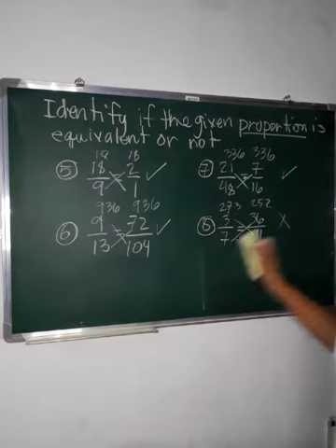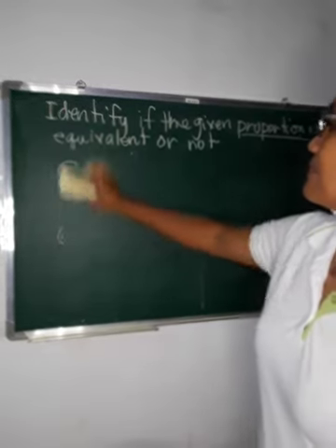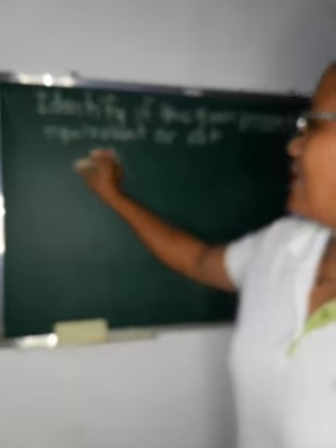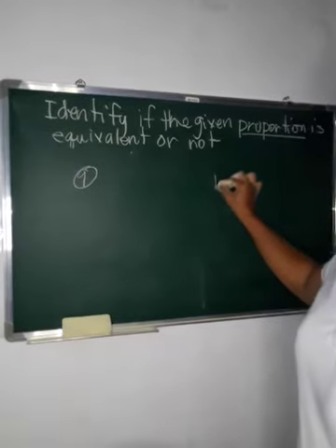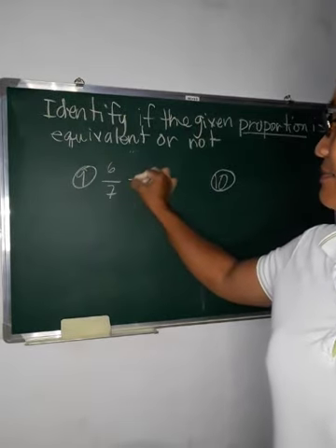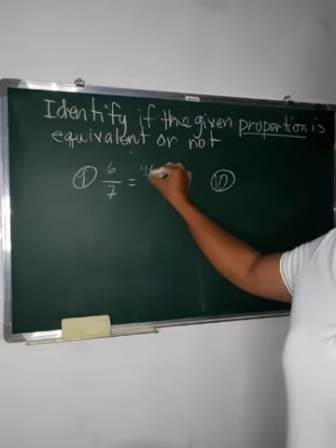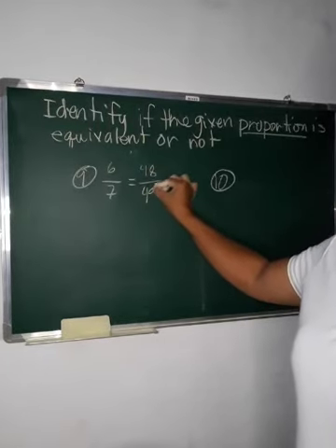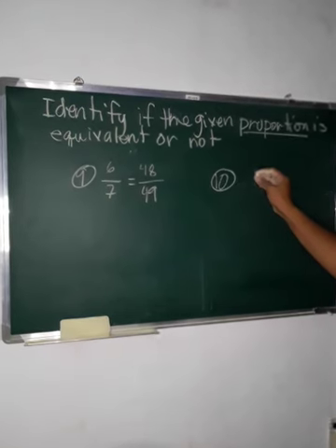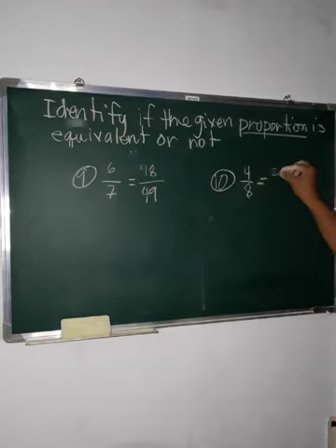Okay, last 2 examples. Number 9, and of course, number 10. For our number 9, we have 6 over 7, 48, 49. And we have 48 and 20, 40.